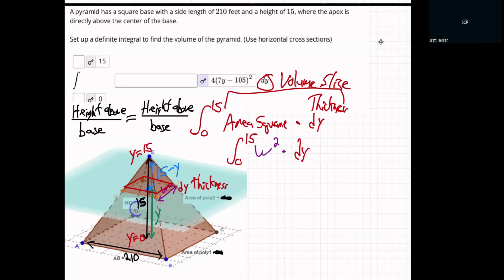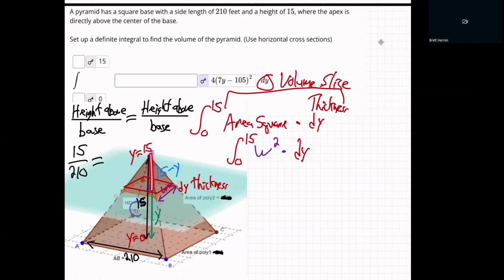So here's the base, 210, of the overall thing, and the height above it is 15. So 15 over 210, that's for the whole pyramid, right? The height above is 15, the base is 210.